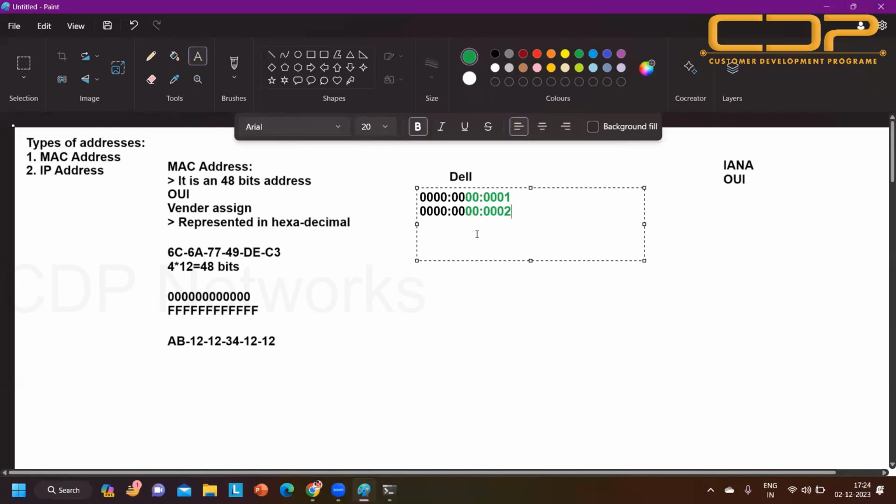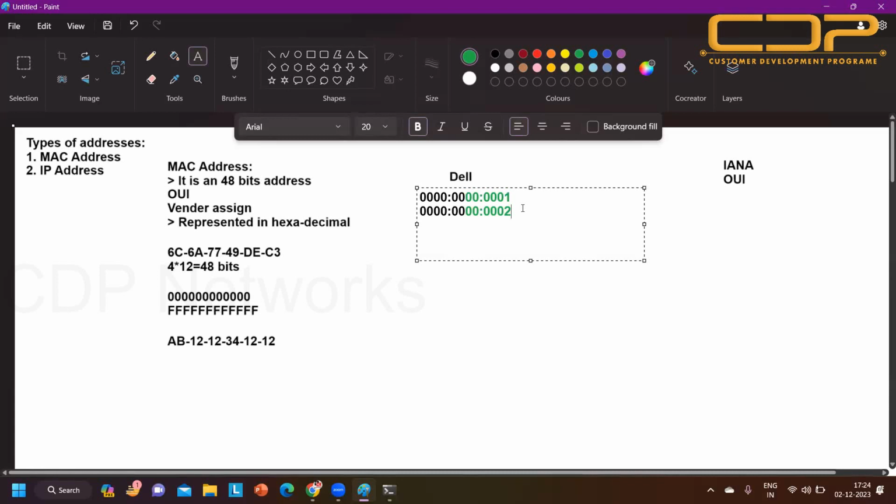Right? So now the question is, how many NIC cards can Dell design with the help of a single OUI? With a single OUI, Dell can design 2 to the power 24 MAC addresses, because Dell has 24 bits of space.